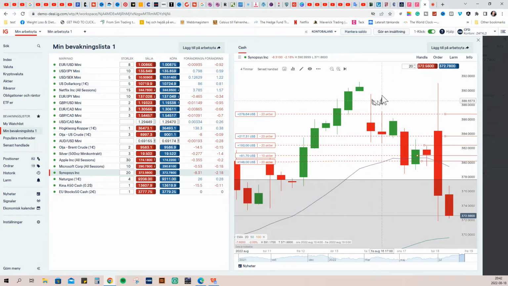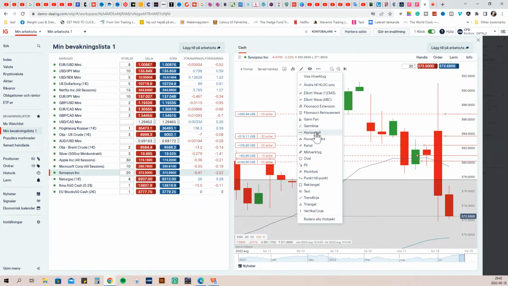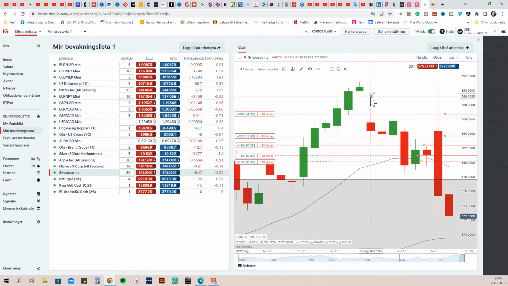And here we have a mother bar, an inside bar strategy that is very effective when it comes to trading. So let me do this. You should always do this when you see mother bars, inside bars strategy trading.